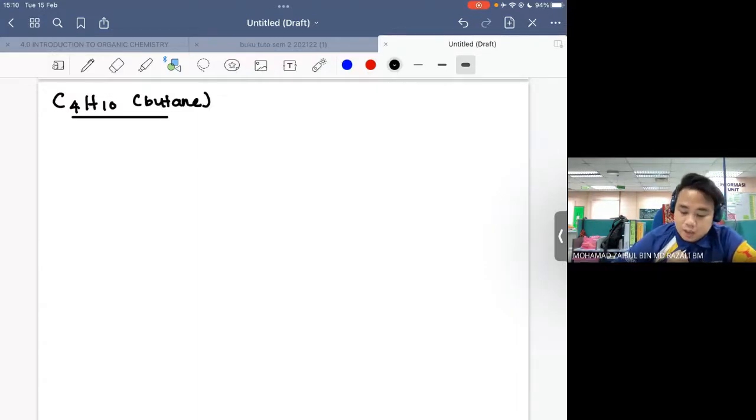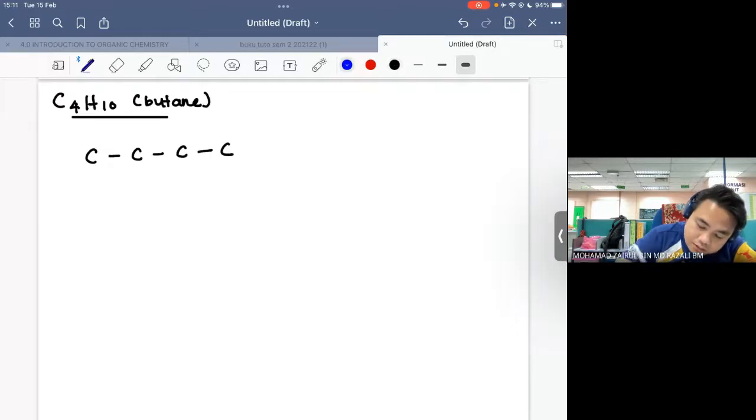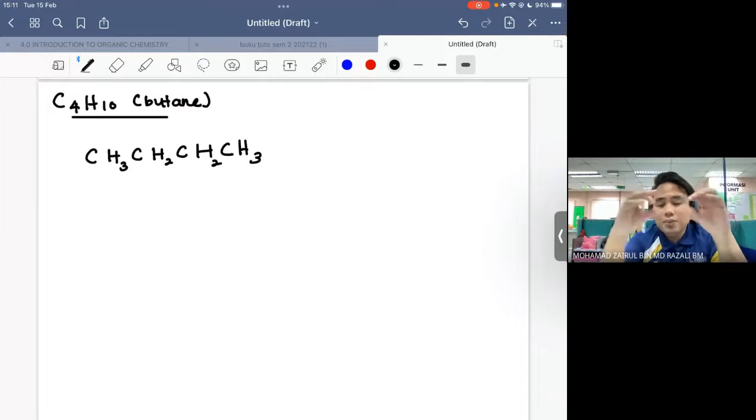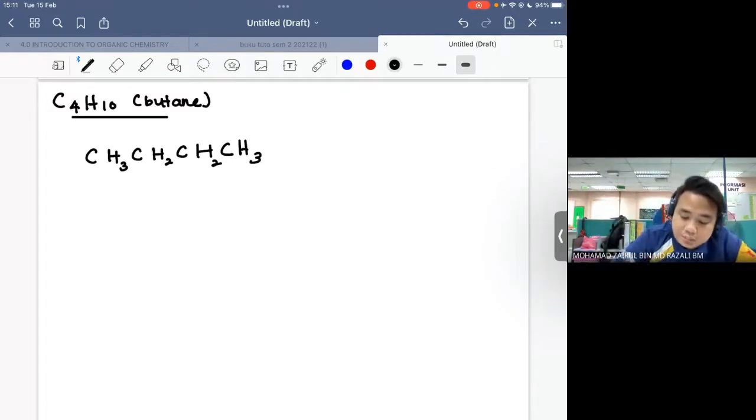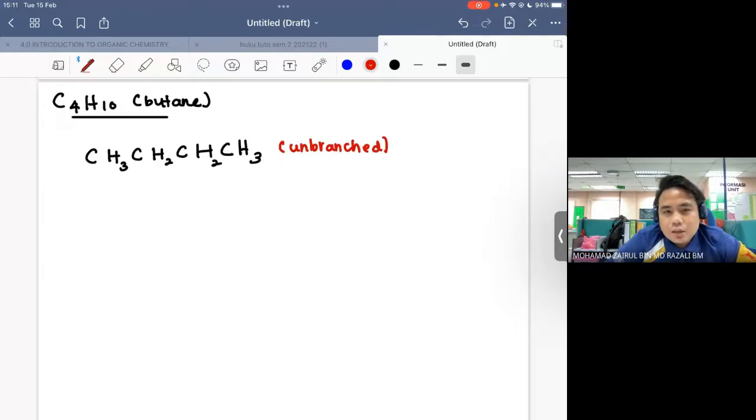If we draw the condensed structure, one of the shapes is this. This will be CH3, this CH2, this one CH2, and this one CH3. So we see it is just straight, unbranched. We call this an unbranched compound. If you say it is a straight chain, it is not quite accurate, because each carbon in an alkane is an sp3 carbon, so the shape is tetrahedral. Tetrahedral will not form a straight chain.